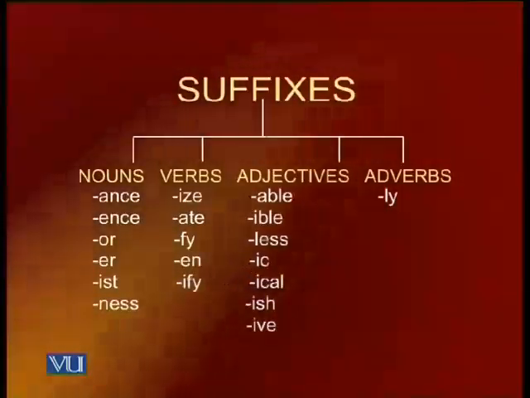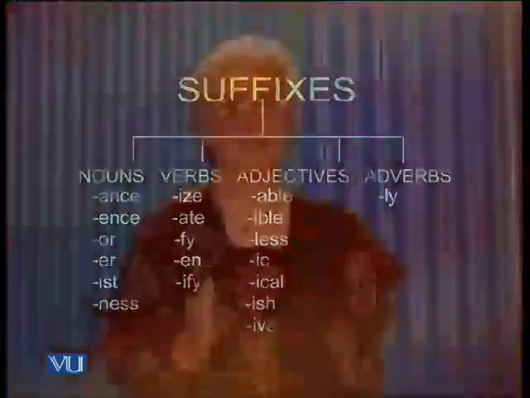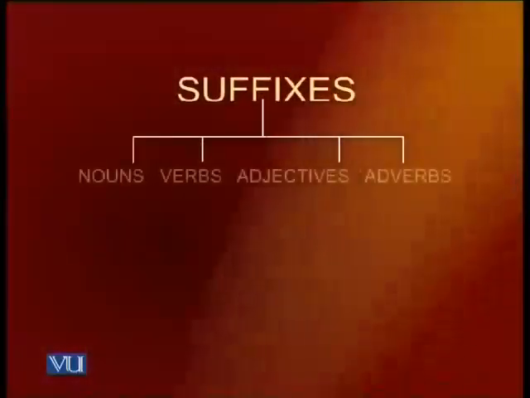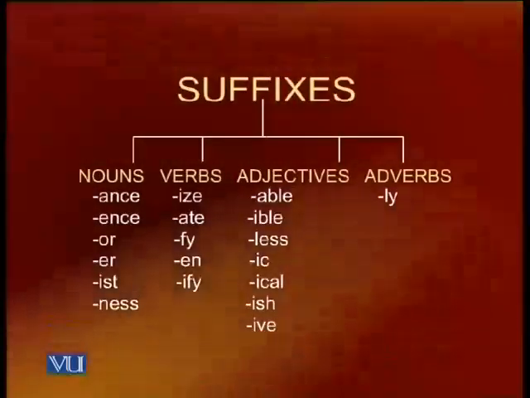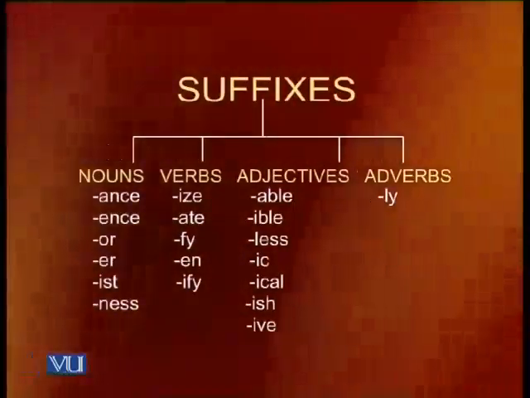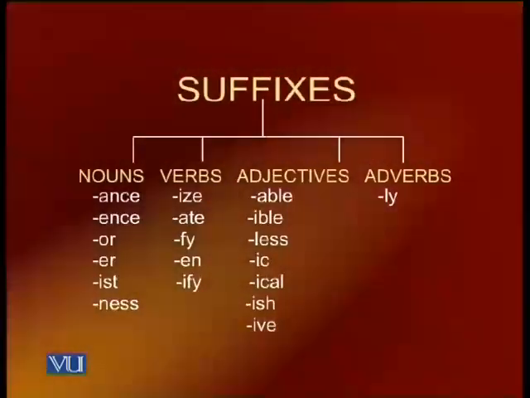This is something that you will find very useful later on in life when you are reading English. It will remain fixed in your minds that words ending with NESS, ENCE, OR, ER, IST are always nouns. Now, in the same way, words that end with IZE, ATE, FY, EN, IFY are usually verbs.